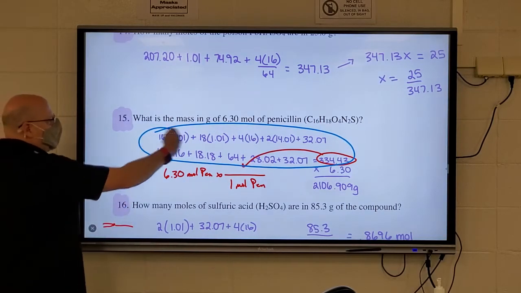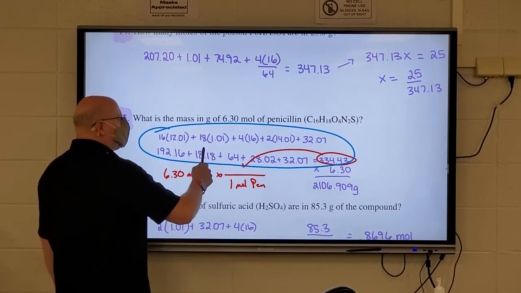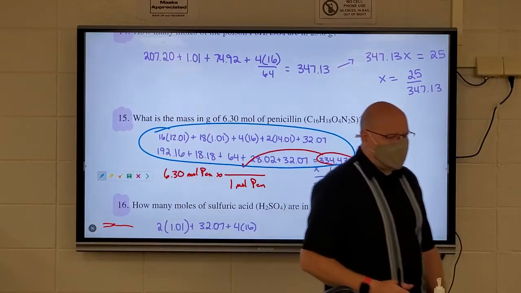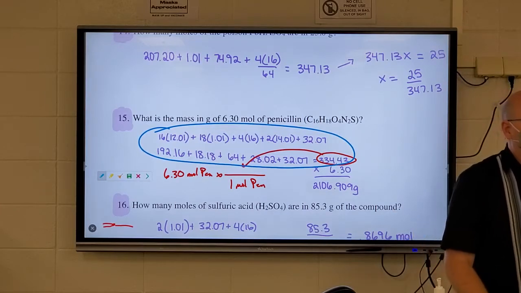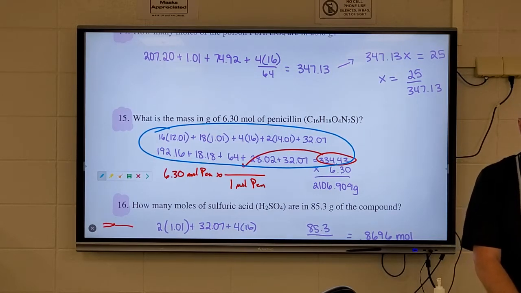So when you're adding these up on your calculator, it's just 16 times 12.01 plus 18 times 1.01 plus 4 times 16. Just boom, boom, boom, boom on your calculator. All right? I don't need to see that work. It's a waste of time for you guys to write it out. Wean yourself off of it. Okay?